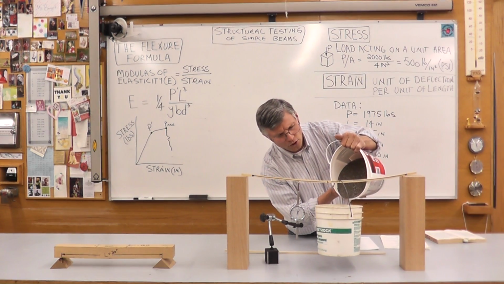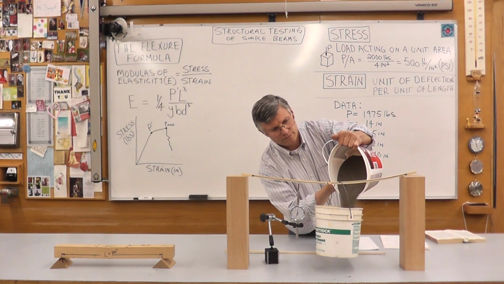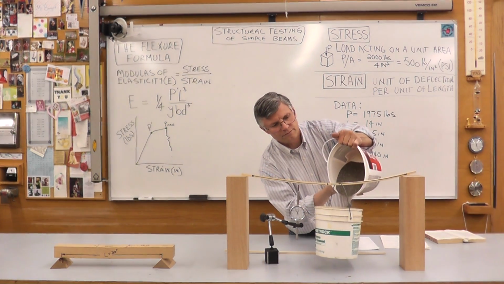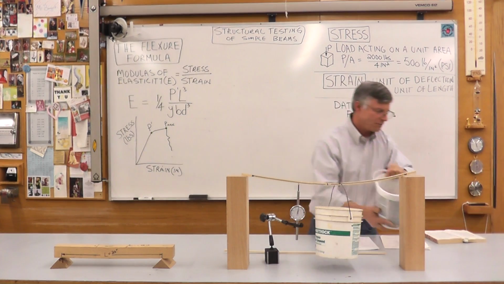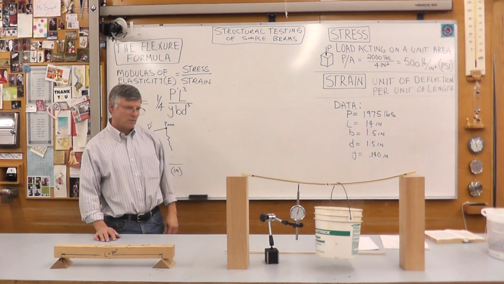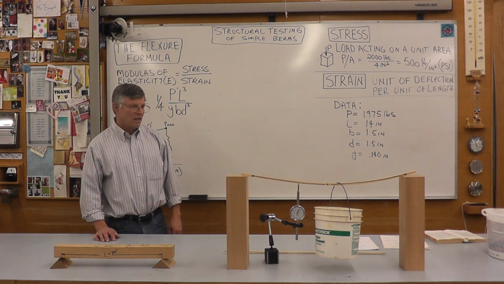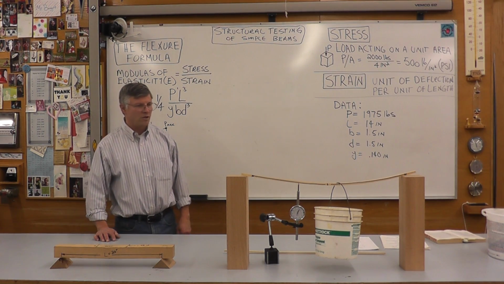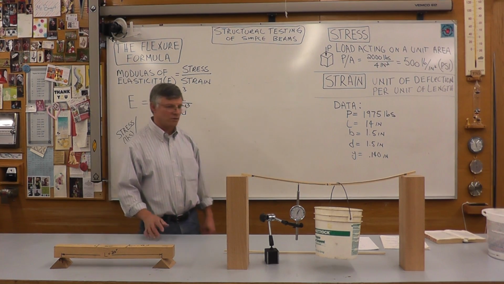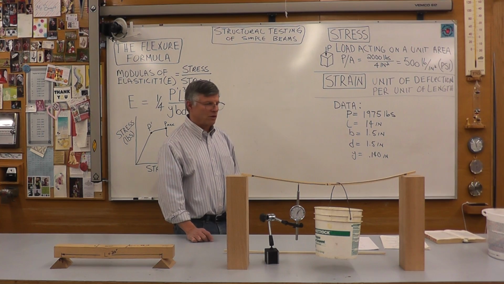I would slowly load it until it fails. I'm not so sure that's failed yet, but I'll stop there. I would slowly load it until it fails, and you'll hear the crack, and you've taken it to the maximum yield point.